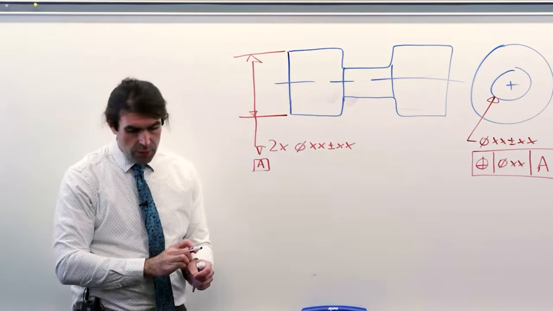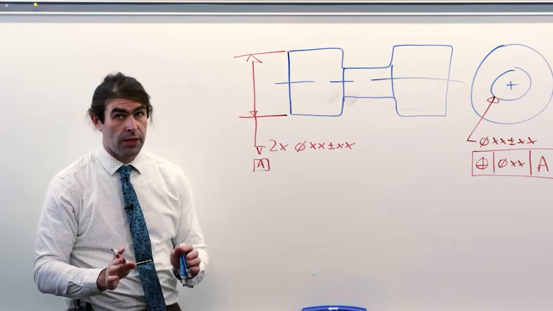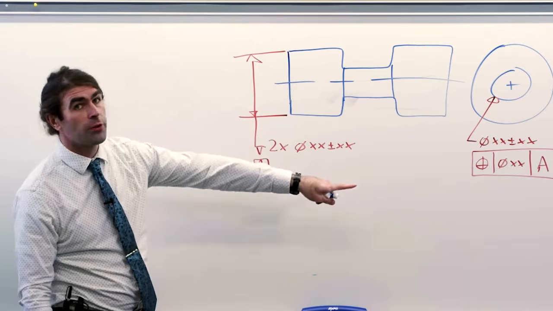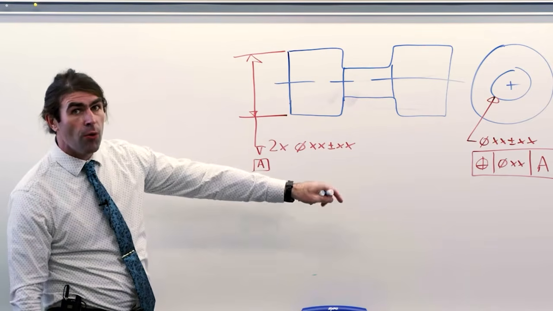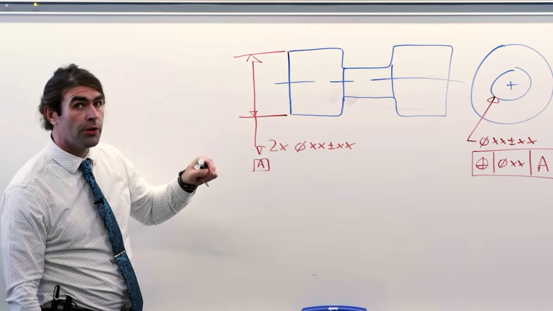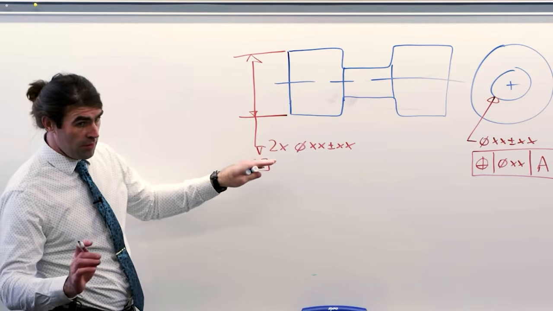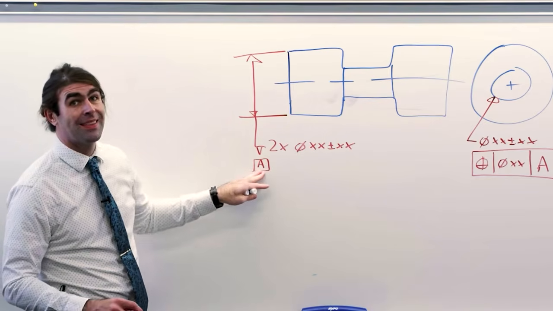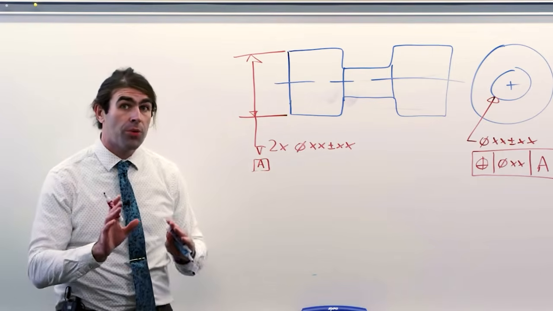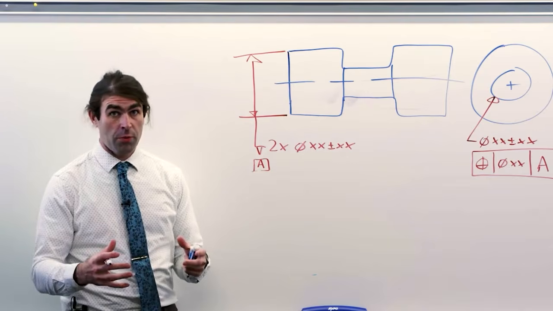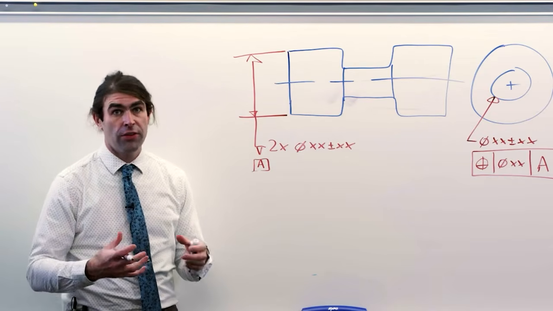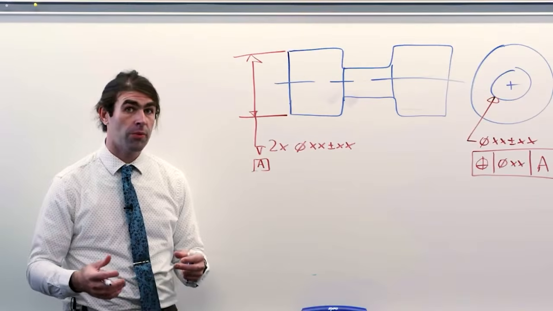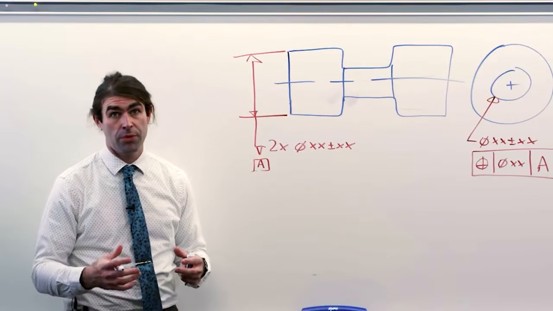So let's start. I'm going to give you a couple examples here. This is the way I would not recommend to do it. We've got a barbell shape with a hole going through it, a position on that hole to the two outside diameters. Now, the simplest thing we can do is say 2 times those diameters, make that datum A. The problem with this is that in rule number 1, there's no relationship between features.